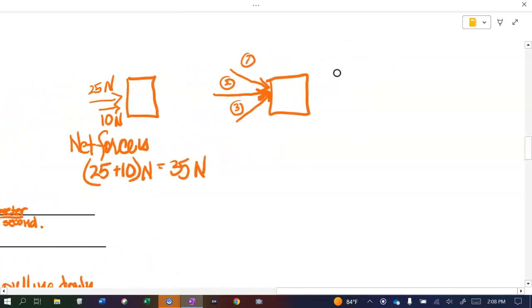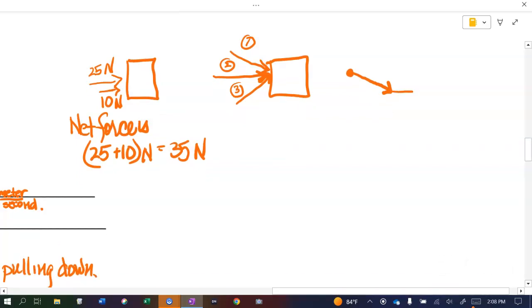Well, you can't simply add them up. So what we're going to do is graph them. So I'm going to start with force 1. See how it's this long. And here was the origin. That's where we started. And then I'm going to do the second one, which goes straight, and it's a little bit longer. That means it's a bigger force. And then I'm going to do the third force, which is at this angle.